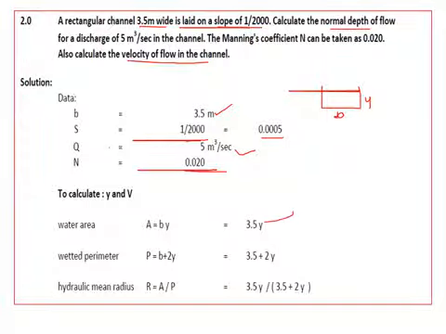Now wetted perimeter is B plus 2 times y, so 3.5 plus 2y. Similarly, you take the hydraulic mean radius as area divided by perimeter, which gives 3.5 times y divided by 3.5 plus 2y.